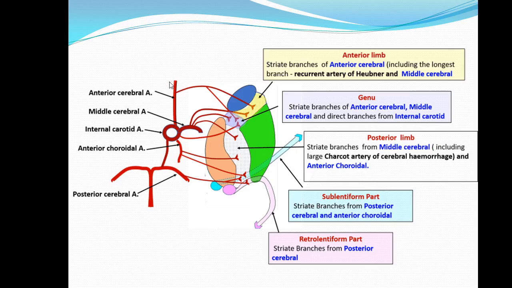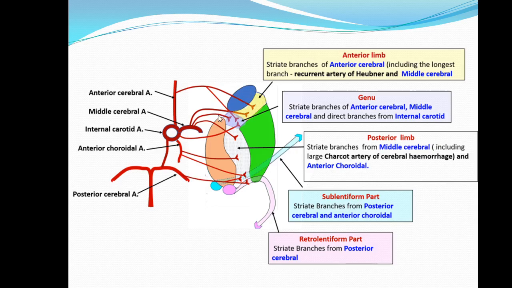Here in this diagram, you can see the central branches from the anterior cerebral, from the middle cerebral, from the internal carotid, from the anterior choroidal, and from the posterior cerebral.